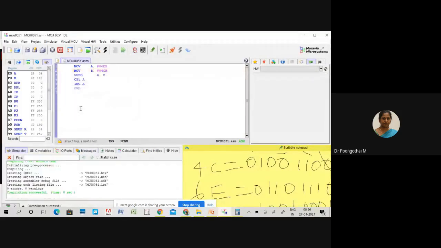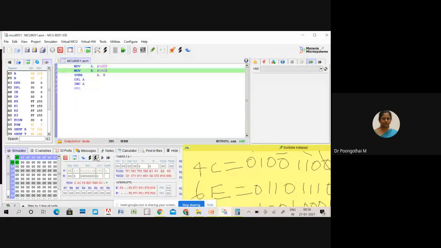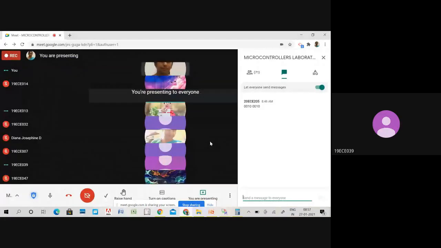So execute this code. 6E is loaded into the accumulator, 4C is loaded. After subtraction, when the accumulator holds 22, look at the carry flag status. Now carry is reset to indicate that the result is in true form. So there is no need of 2's complement conversion. Is that clear now? Yes, ma'am.